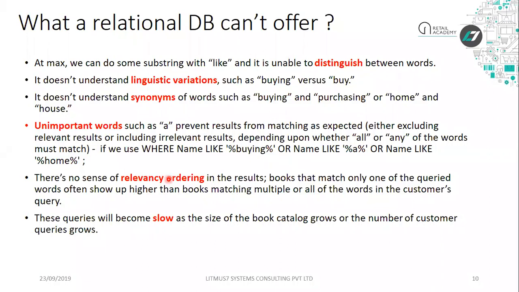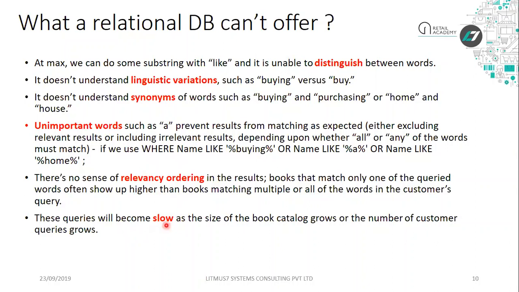So in a relational database, it's not possible for us to define the relevancy. We can do some order by or some other options in the query, but that ordering won't give you the needed relevancy of the documents.